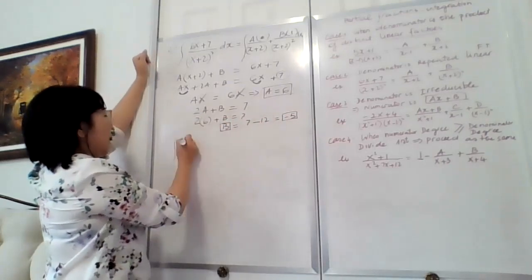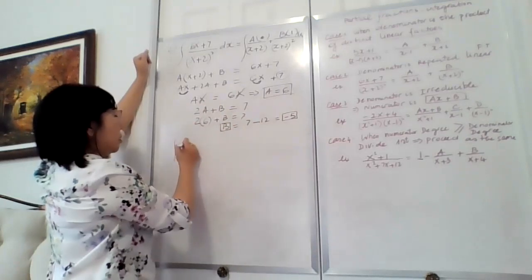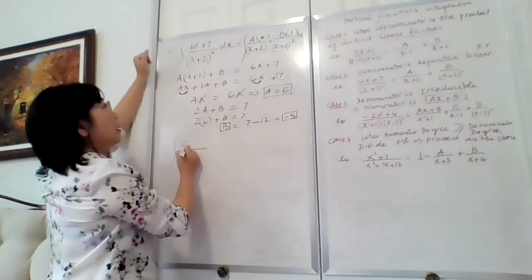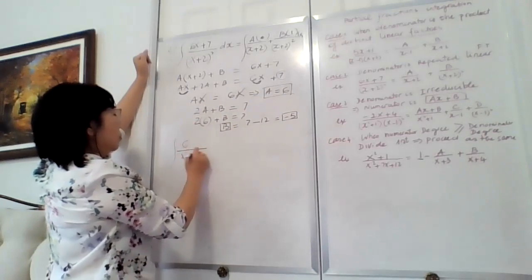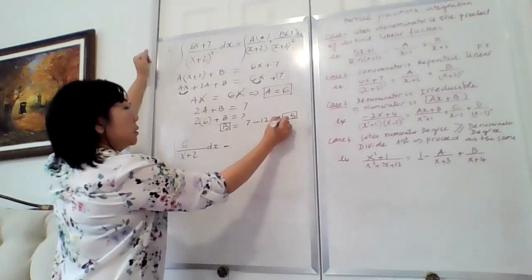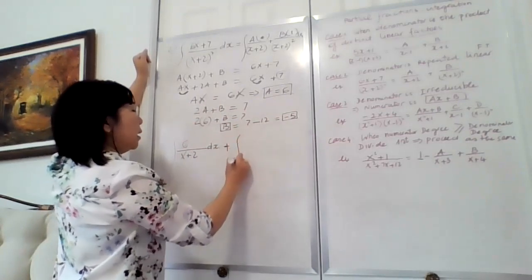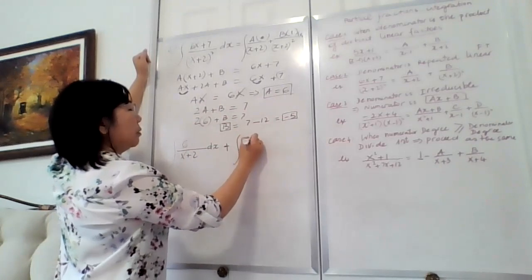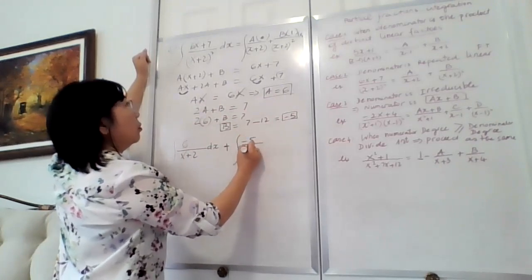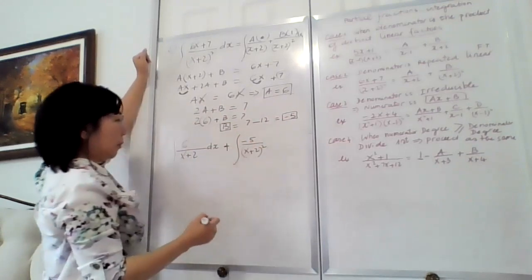Now I'm going to substitute back and solve for the integration. My a is 6 on the top, over x plus 2, dx, and then b is negative, so I can separate them: minus 5 over x plus 2 squared.